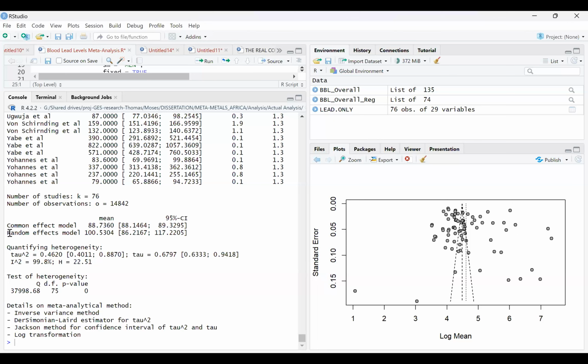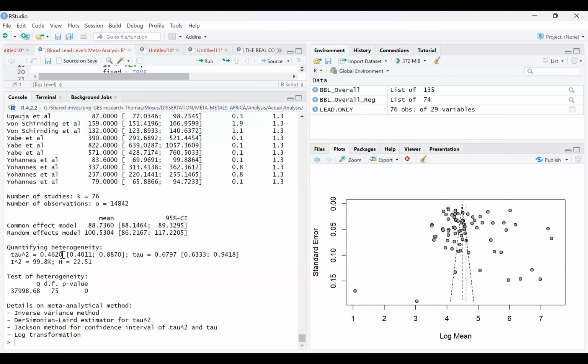But in the random effect, we have added additional error, which is the true variance between studies: sample size differences and then true differences between studies. We realize it gives us a mean of 100, but the confidence interval is now huge, from 86 to 117. Then we have tau squared, which is a measure of the variance between the studies, about 0.4 microgram per deciliter.